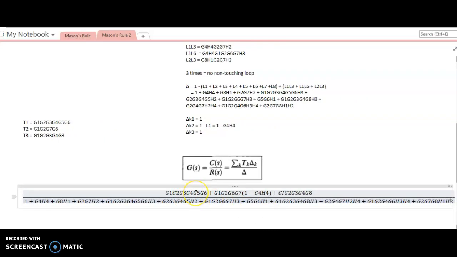This one for the first forward path, second forward path, and then third. And the rest yang bawah ni adalah determinant. I think that's all for example how to use Mason's rule for signal flow. If you don't understand, you can ask me.